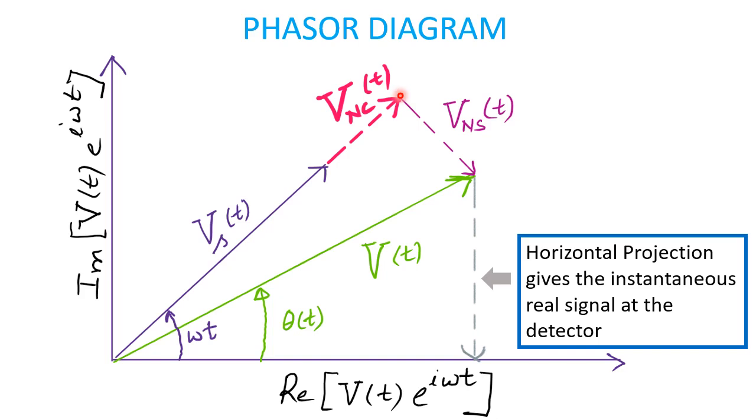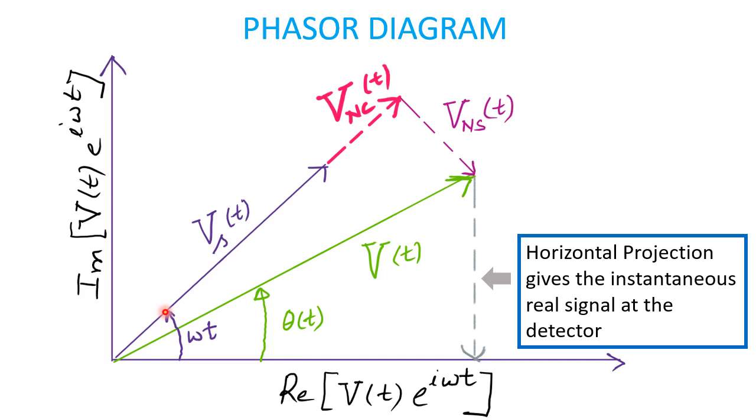So I have to essentially multiply by exponential minus I pi by 2 for me to get this VNS. So that the addition of these three quantities actually gives rise to this green curve, which is my V of t. This is the voltage at the detector as measured, which includes the signal and the two components of the noise, which is the in phase noise and the quadrature noise.